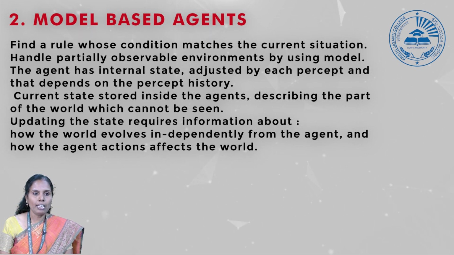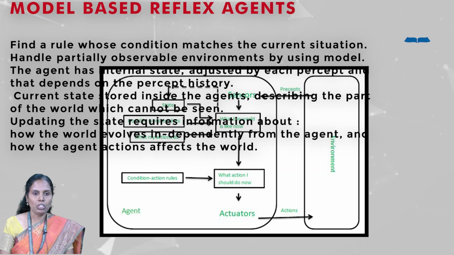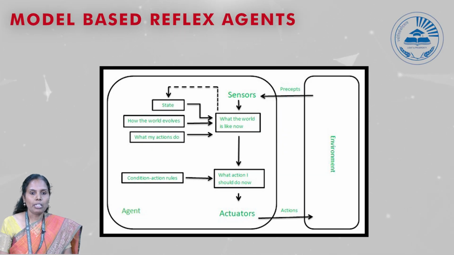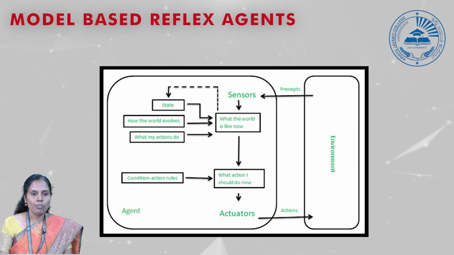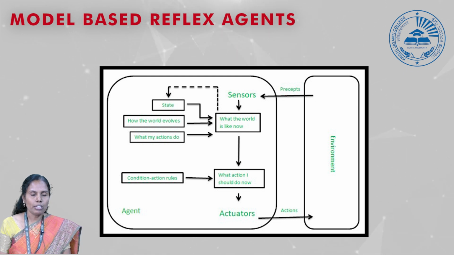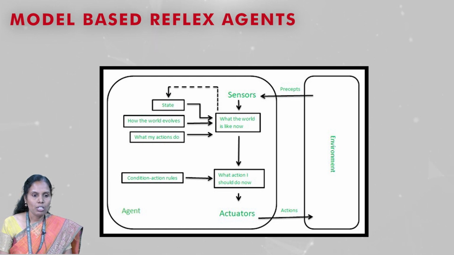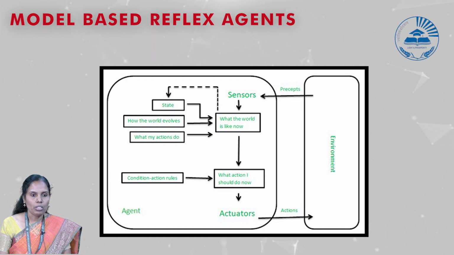This is the diagram of the model based reflex agent. Here the environment gives information to the sensors, telling what the world is like now, and after that we take the action based upon the condition rule.